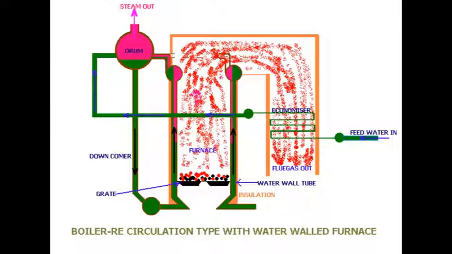There is a downcomer from the drum which takes out the water and passes it through the water wall tubes across the furnace, and again that water-steam mixture returns to the drum, where water is separated from steam and steam is taken out from the drum. So this way the recirculation type boiler developed with a water wall furnace.